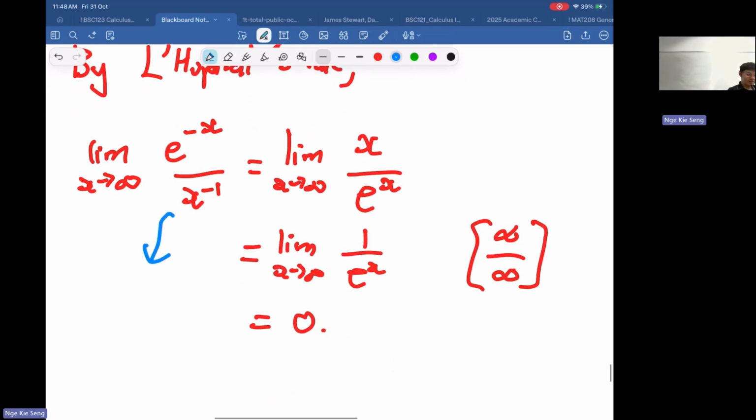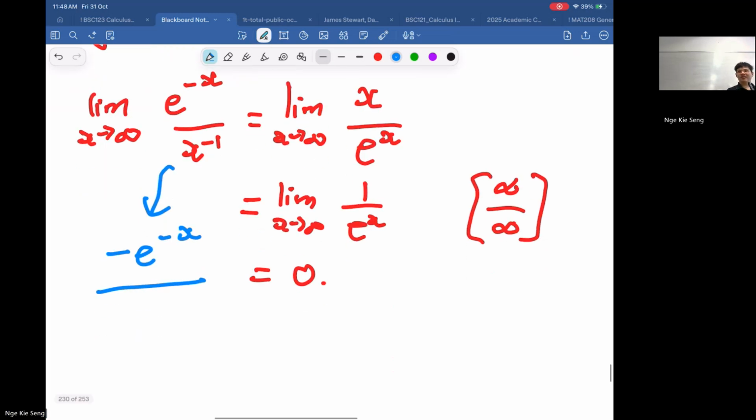If you try to do L'Hopital here, you get minus e to the minus x, and then on the bottom, minus x to the minus 2. Is it helpful? No. And if you keep doing it forever, you just get stuck. So this is the point of this question.